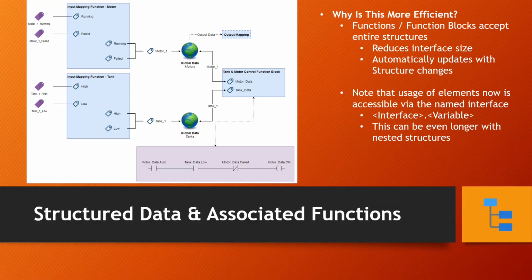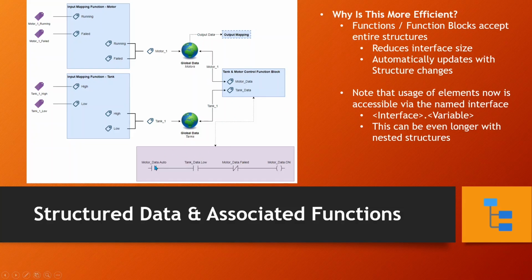So let's take this a step further now, and this is really starting to show why structures are worth doing, as opposed to what structures are. But this example here is showing the same code that we've seen in the previous two examples, but now it's containerized in a function block.